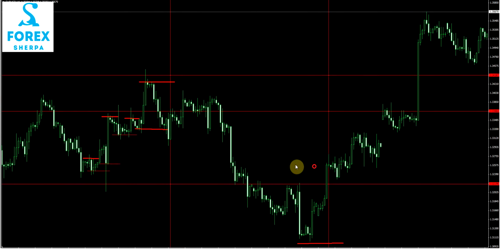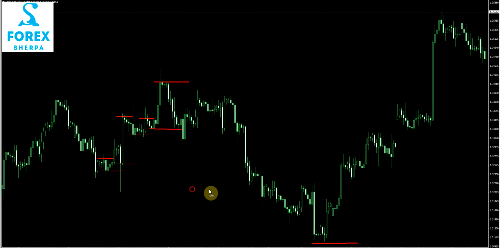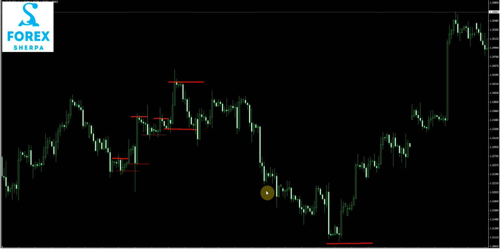I'm going to clear the lines. Okay, now we have reached around here the position we have opened. Now we have to analyze the other side of the market.